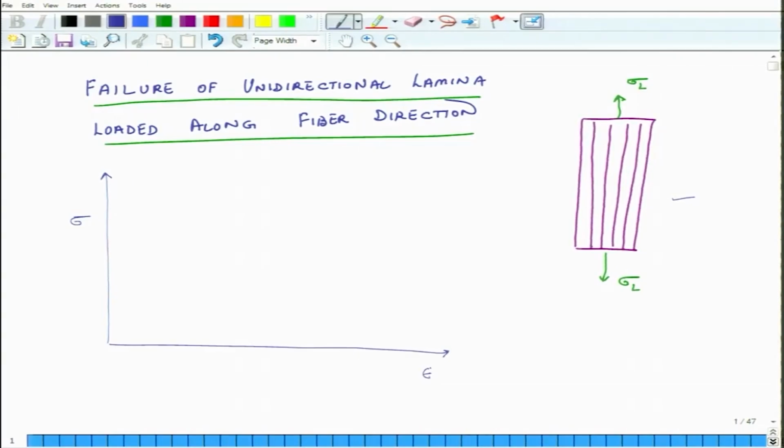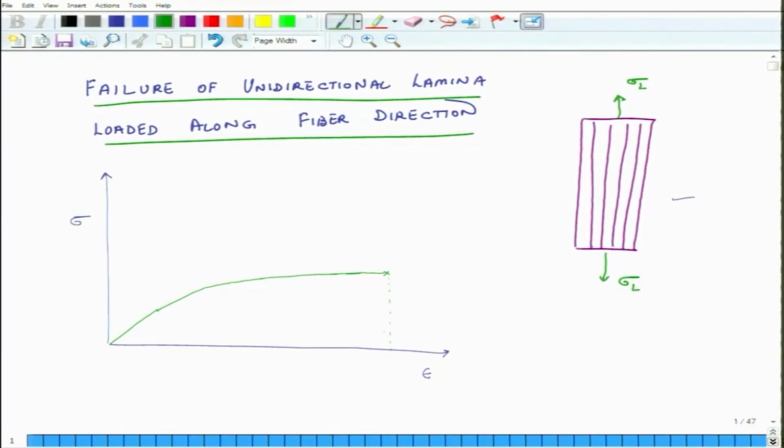So, if I have a piece of matrix material, initially it is linearly elastic and then it starts becoming somewhat plastic, and slowly this slope becomes almost 0 and then it fails at a particular point.